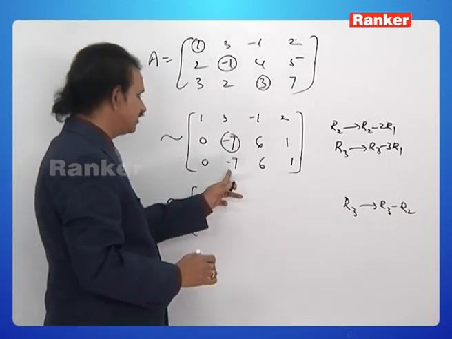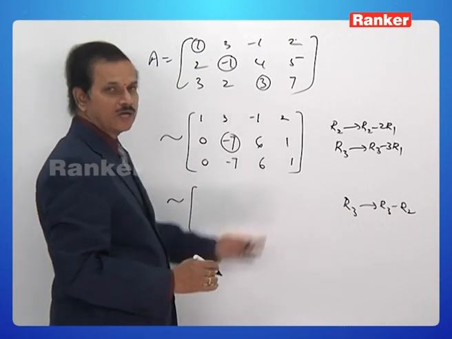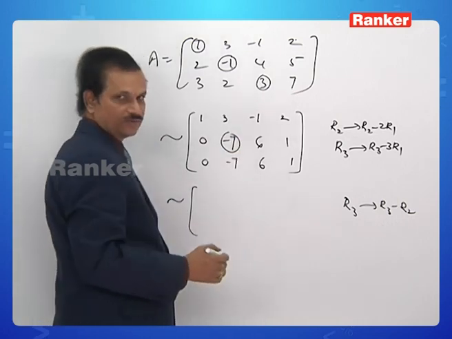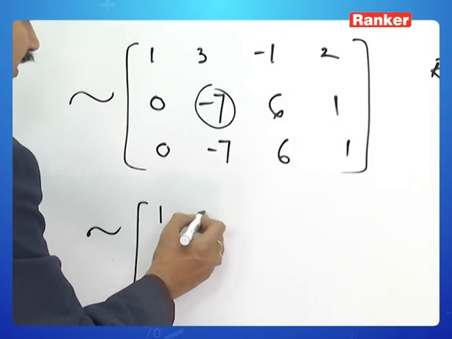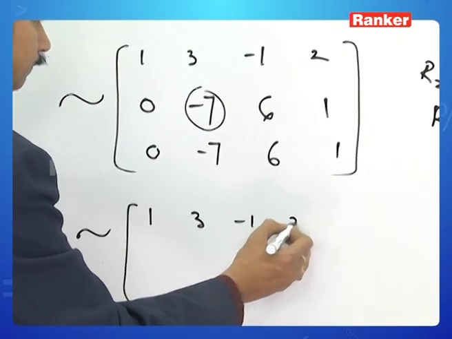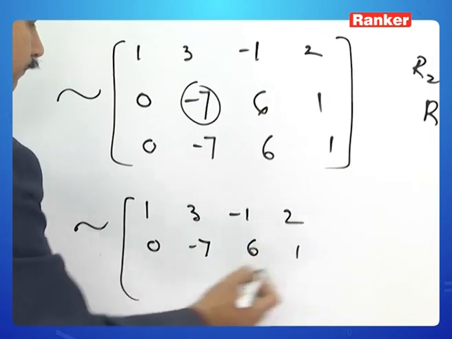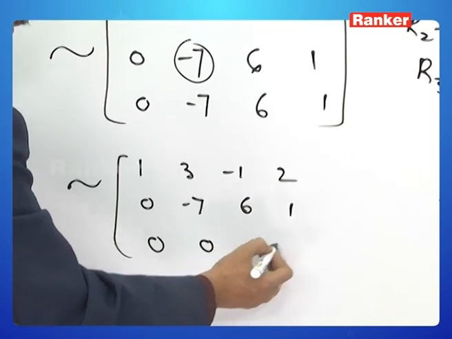So we'd like to make this 0. That is why I'm concentrating on third row. How can this be 0? Minus 7 minus of minus 7 is 0, isn't it? Good. R3 is changed, therefore zero, 0, 0, 0.